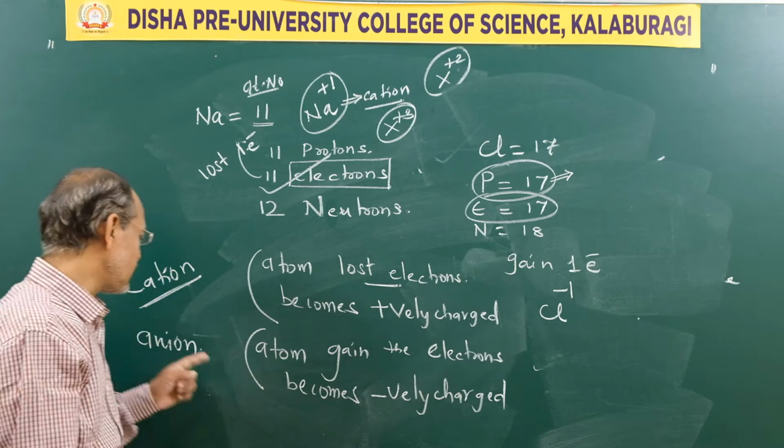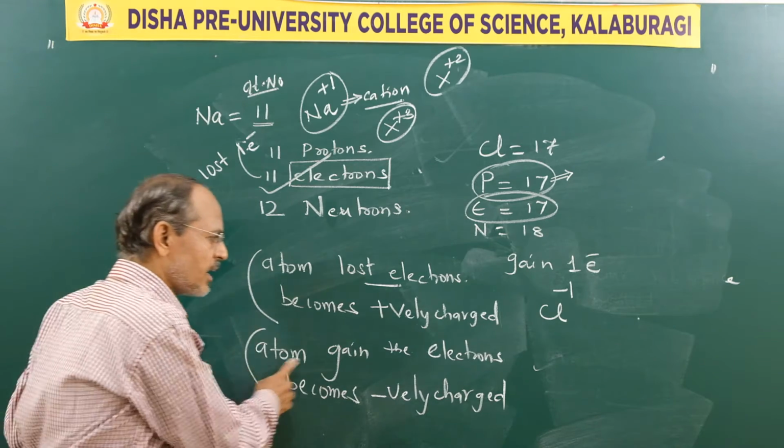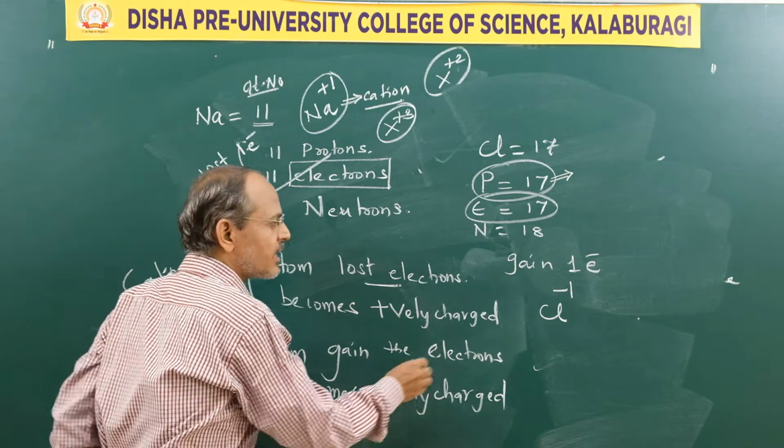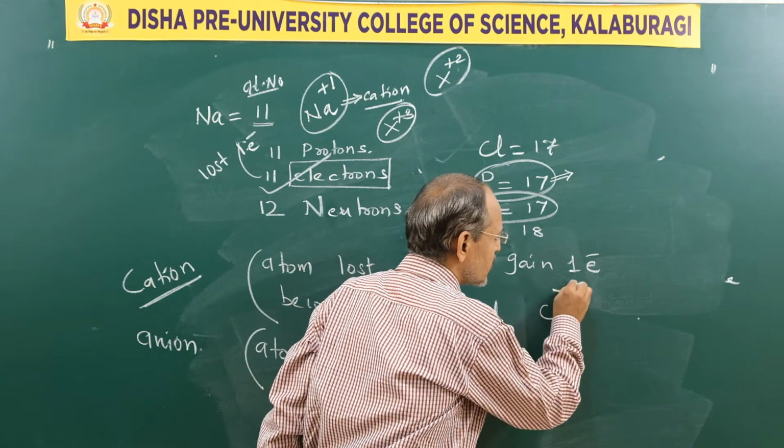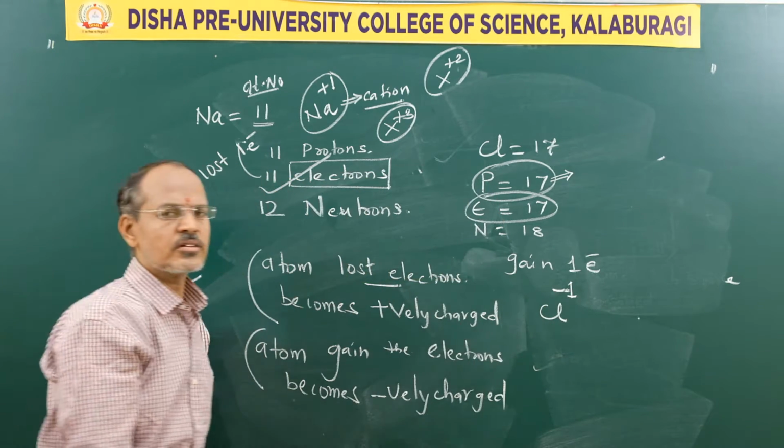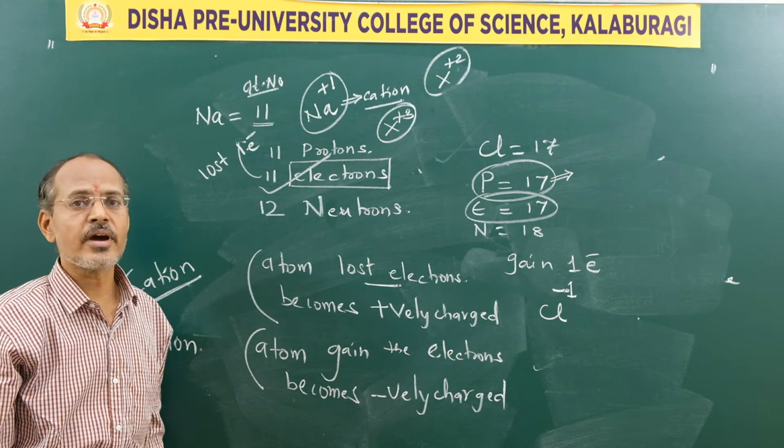That means the atom gains an electron and becomes negatively charged. So I can write Cl minus 1.